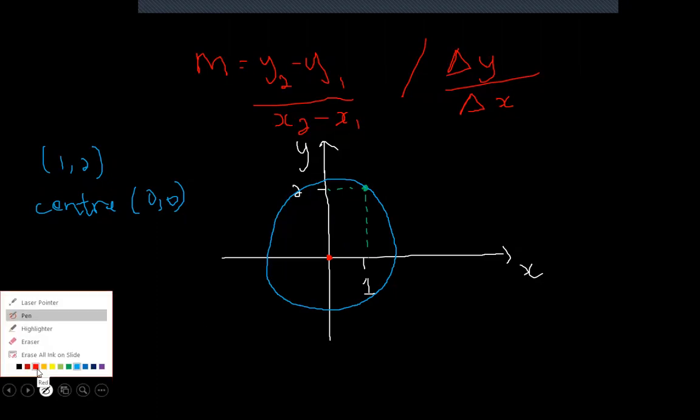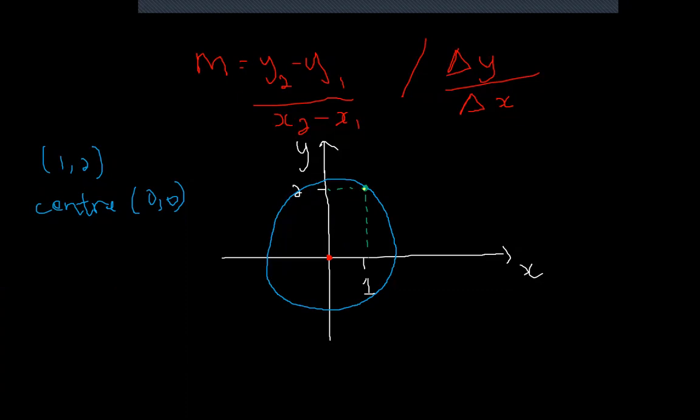And the step that I told you just now, it states that you have to find the gradient of the radius. This is the radius from the center to a point on the circumference. Let me write the points. So this is my given point, which has the coordinates 1, 2. And this is my center, and we know it has the coordinates 0, 0.